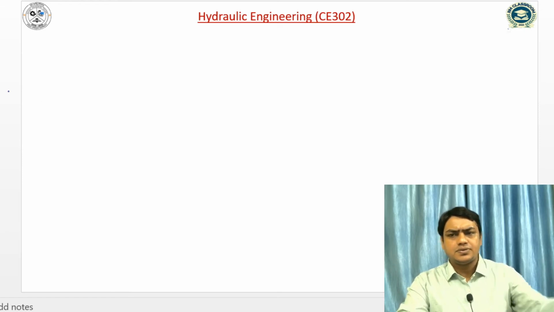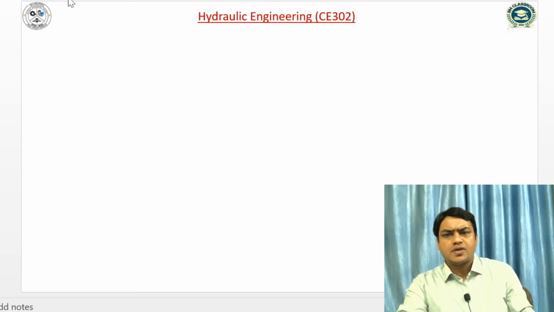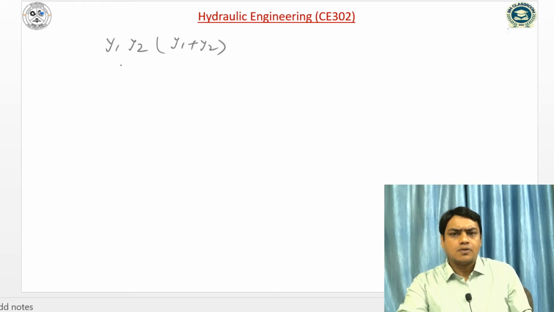So we can write, here we have derived the relation between the conjugate depths: y1 y2 into (y1 plus y2) by 2 is equal to q square by g.